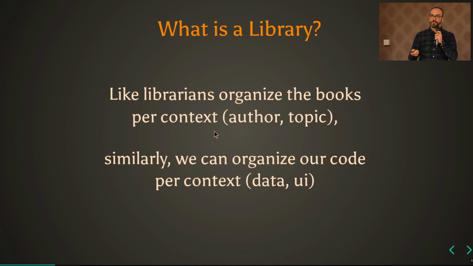So what is a library? Let's start by saying the following: if you ask a librarian, they will tell you about how they organize the books. They organize the books per context, author, topic, and many more options. Similarly, as developers, we like to organize our code per context. Some contexts could be data and UI.